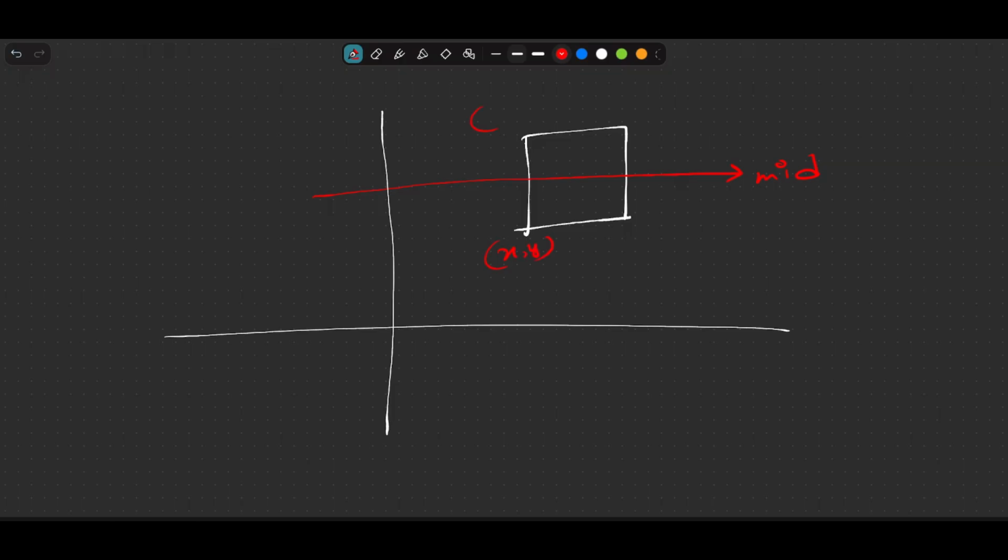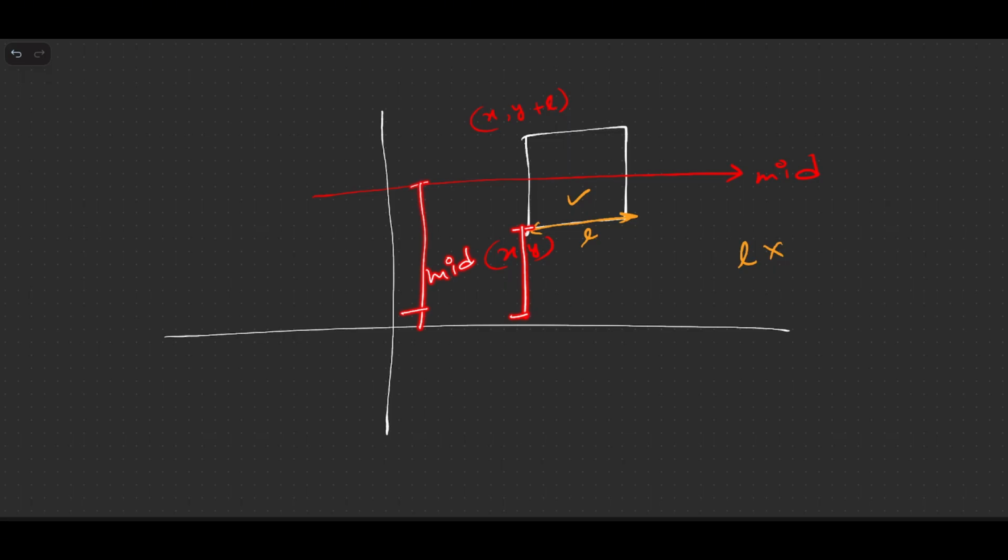Okay. We have this point as x comma y plus L. Okay. Now, what is the area of the below part? This is L. Okay. It is nothing but L into this portion. What is this portion? Till here it's mid. Okay. Till here it's y. Mid minus y. Right.